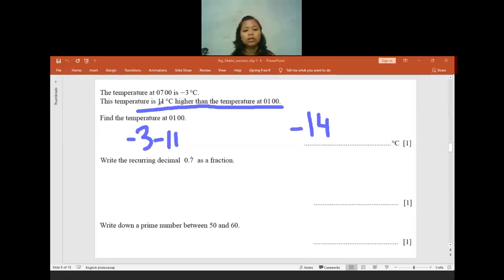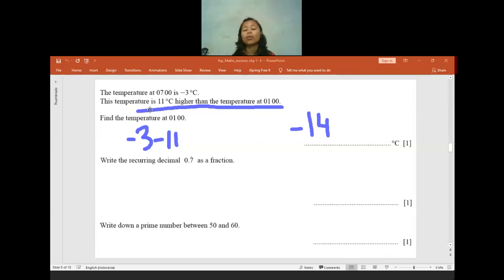The first one, is it this question? Yeah, you need to read the question for this question. This temperature is 11 degrees Celsius higher than the temperature at 1 o'clock. So it means at 7 o'clock, the temperature is warmer than at 1 o'clock. The 1 o'clock will be colder.